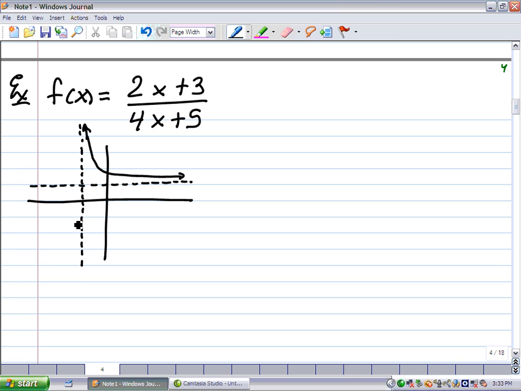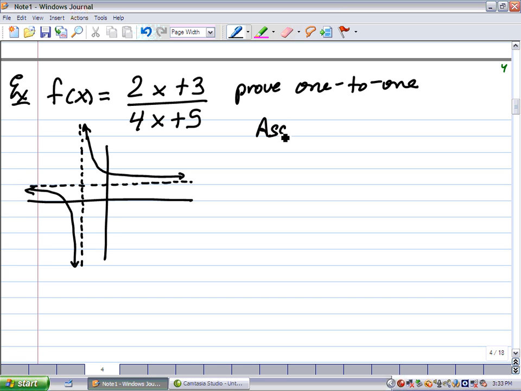The x-intercept is negative 3/2. So it appears like it would be 1-to-1. It certainly passes the vertical line test, y is solved for, and it appears that it's going to pass the horizontal line test. So let's prove 1-to-1.